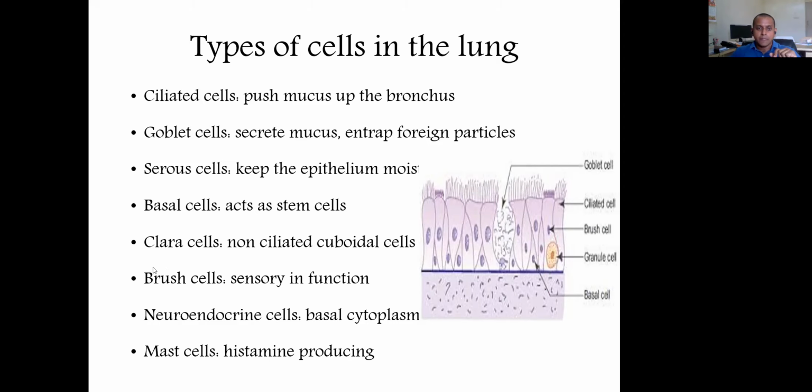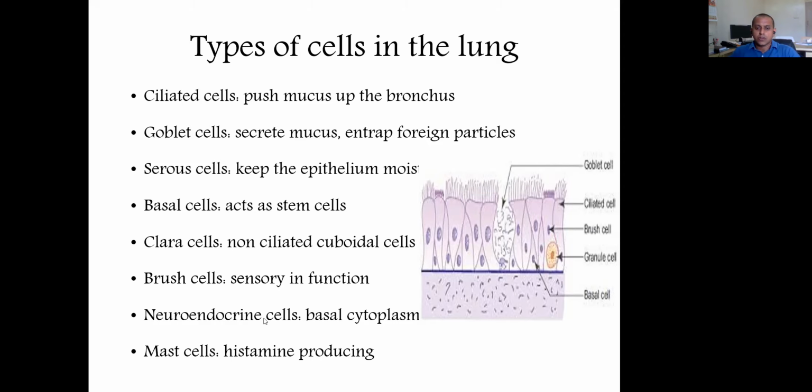And the basal cells are the ones which divide, which multiply and replace the damaged cells, the ciliated epithelium or the goblet cells. There are club cells. The club cells are non-ciliated cuboidal cells. Those cells produce a secretion which helps in decreasing the surface tension. There are the brush cells, which, as you can see here in this picture, act as sensor functions.